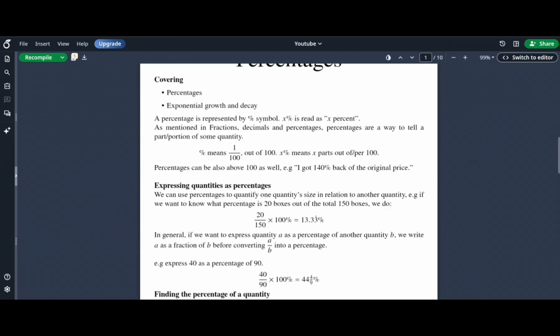Believe it or not, I don't know how to teach percentages properly, because I don't know if it's just me or because I think people sometimes don't get percentages. That's the personal thing I have seen with my own friends. So hopefully this works out.